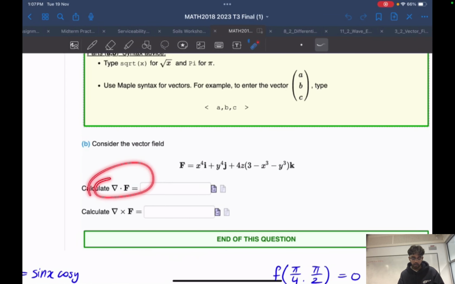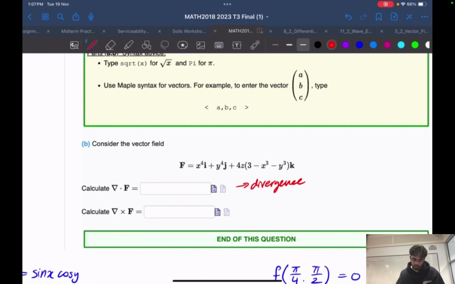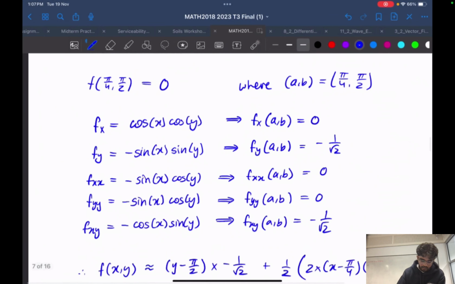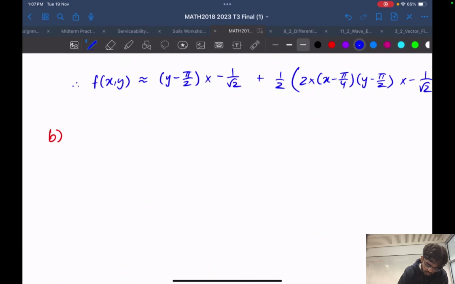Yeah, the divergence and the curl. So this is the divergence, and this is the curl. Okay, let's do that. So first of all, we're going to dot product our differential operator with our F vector field. So remember, this upside down triangle is actually a vector, times F, which is equal to, okay, I need a much larger vector.